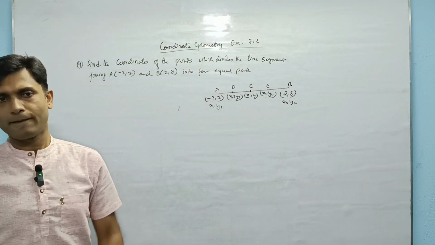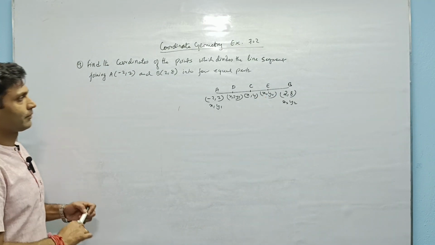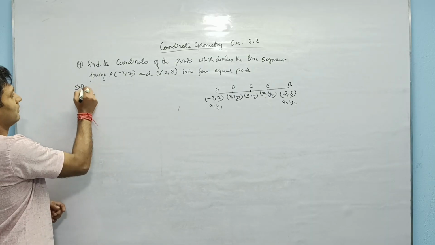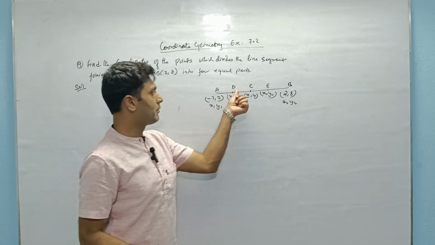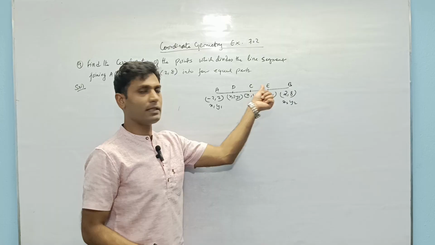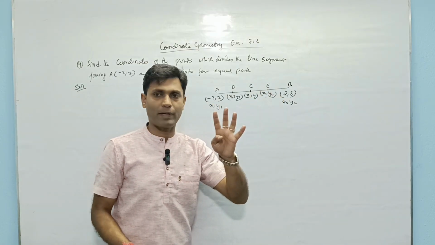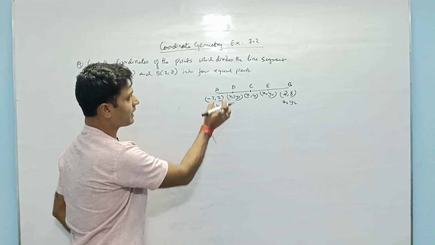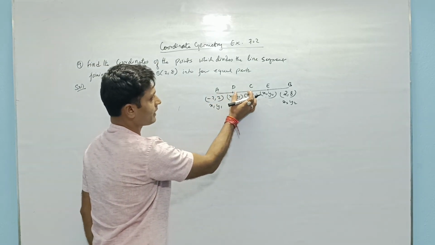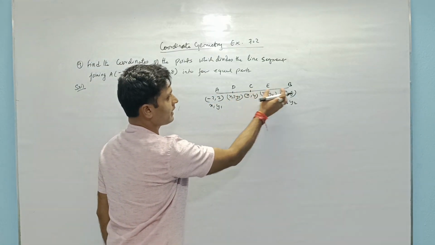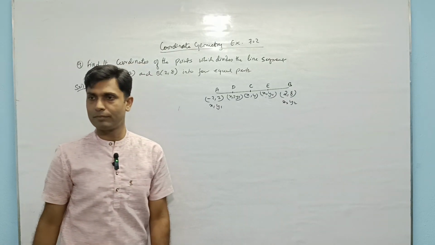Okay, very simple. See these points D, C and E. They are dividing AB into four equal parts. What are the four equal parts? AD, DC, CE and EB.